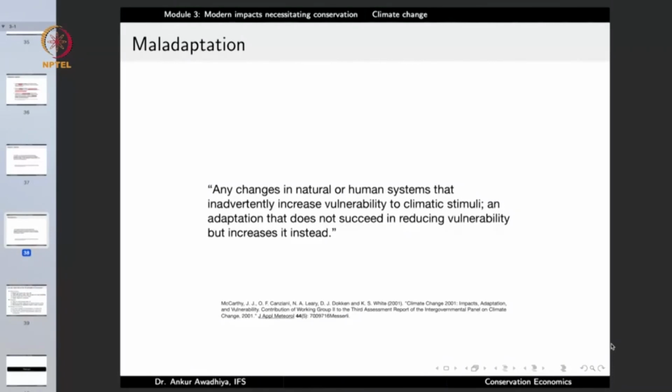Everybody perishes. Then we will say that this is a maladaptation. So maladaptation is any change in natural or human systems that inadvertently increases the vulnerability to climatic stimuli, or an adaptation that does not succeed in reducing the vulnerability but increases it. That is maladaptation.